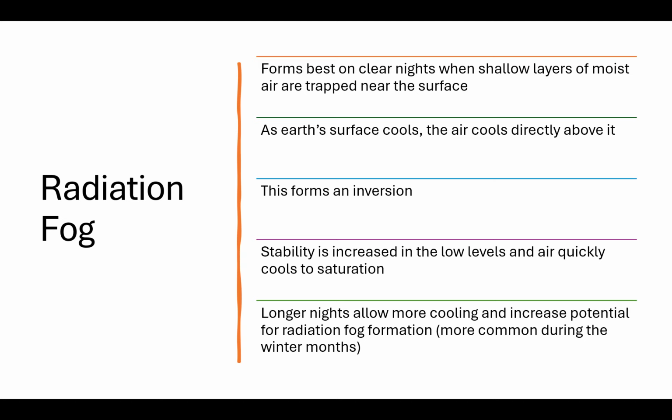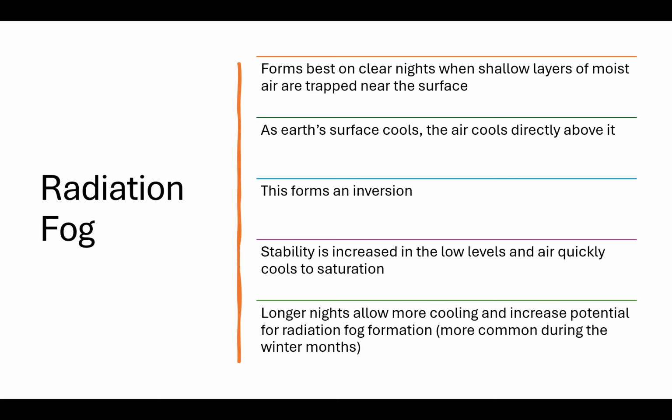So whenever the Earth's surface cools at a more rapid rate, right at the surface, above the surface we actually have warmer temperatures. Let's say the temperature at the Earth's surface on a particular night is sitting at 53 degrees Fahrenheit. And then we go up to about 1,000 feet above the Earth's surface, and let's say the air temperature is actually 55 degrees Fahrenheit, warmer as you go up in the atmosphere from the ground.